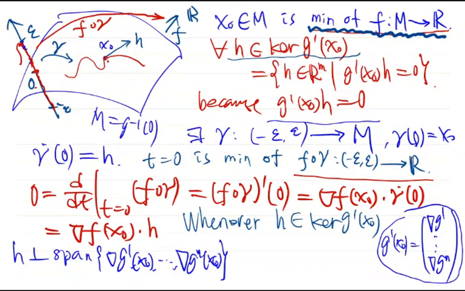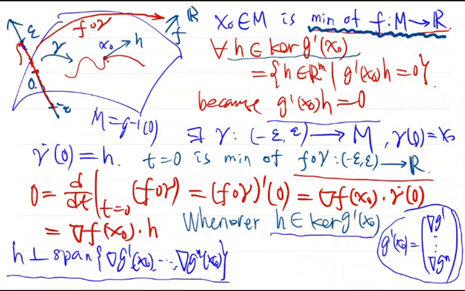So these are equivalent: h belongs to the kernel is equivalent to h being perpendicular to the span space of the row vectors of the matrix, that is the gradients of g1 up to gn at x0.